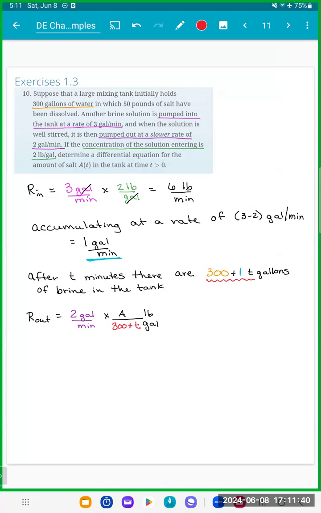When we simplify this, we end up with 2A over 300 plus T pounds per minute, because our gallons will cancel with one another. That leaves me with the differential equation with respect to time as 6 from the previous equation minus 2A over 300 plus T.